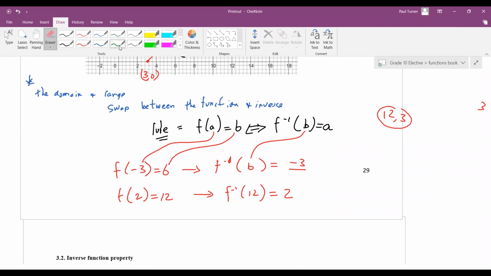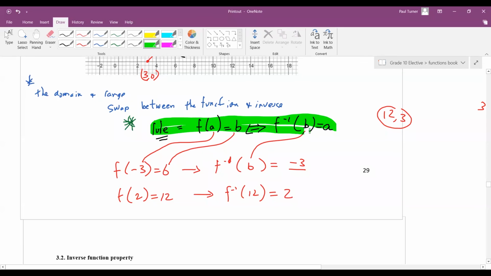That's how they relate. So you should actually write this rule somewhere. It's in your book, but quite important. So can you copy that somewhere? That's how the values relate between your function and your inverse function. Okay. Can you copy that down somewhere before I go up? And that's what it's talking about on the next section.